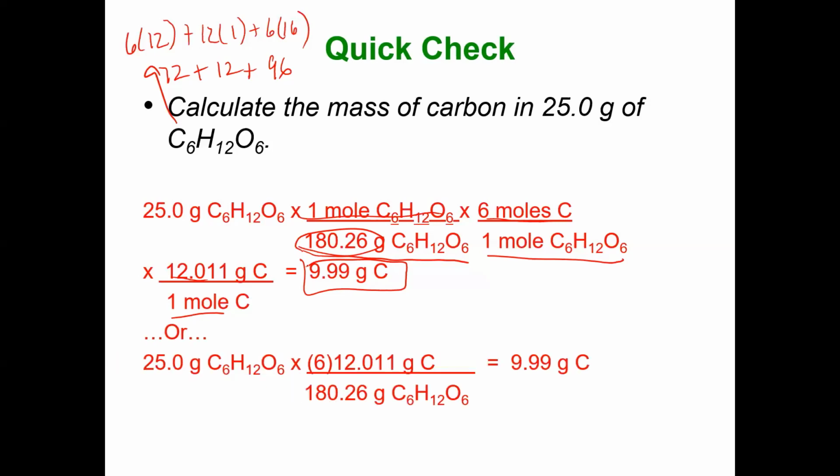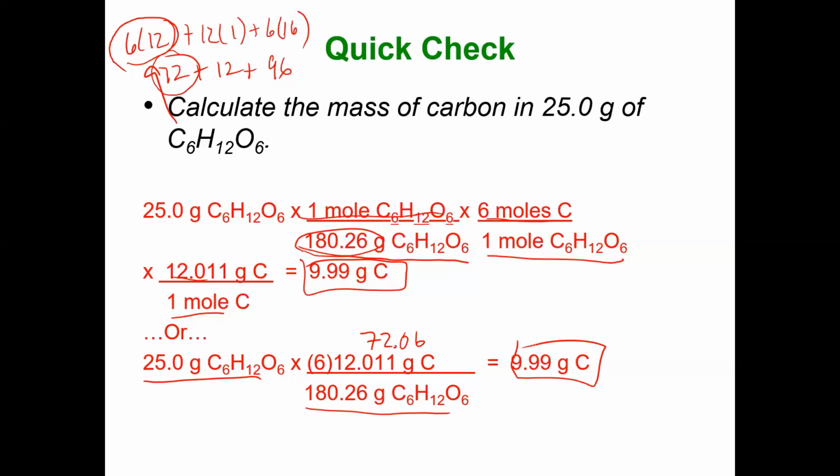Part over whole, right? If I have 25 grams of glucose, I know there's 180 grams of glucose per 6 times the 12.01, which is what I did here to calculate molar mass, 72. Or 72.06 to be a little more accurate. And then that would give me the same number.